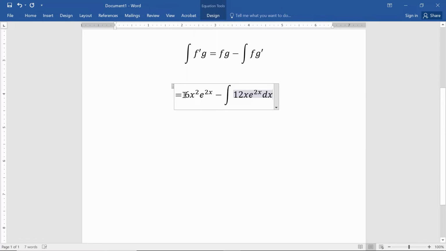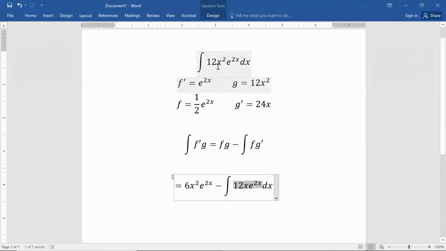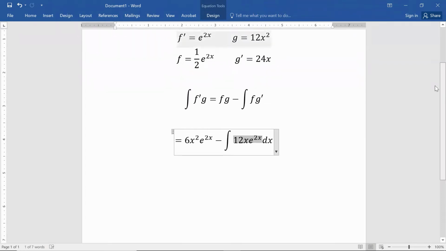As you can see, this piece is just fine, but this piece, once again, is a polynomial times an exponential function. That polynomial times exponential function, just like this, is going to cause me to do another integration by parts on this piece.